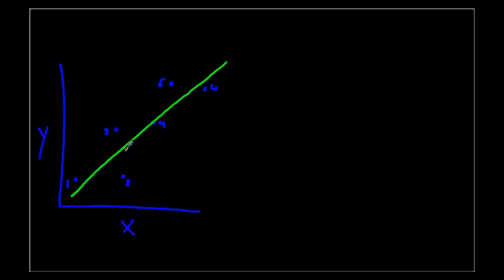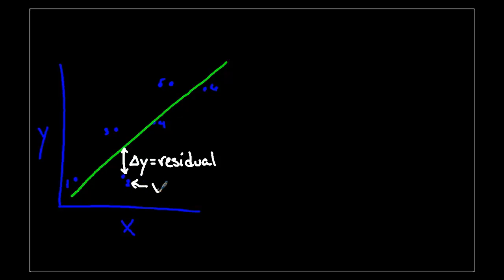I'm going to now look at point number 2, and I'm going to draw a vertical line between it and the line. This vertical line, let's call it delta y, is a residual. That distance between the y and the line is a residual.